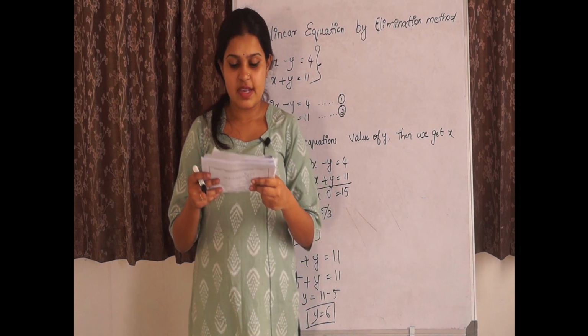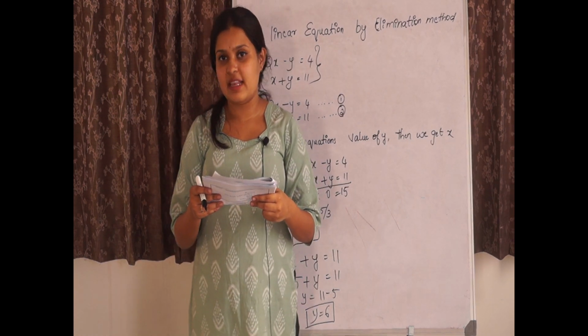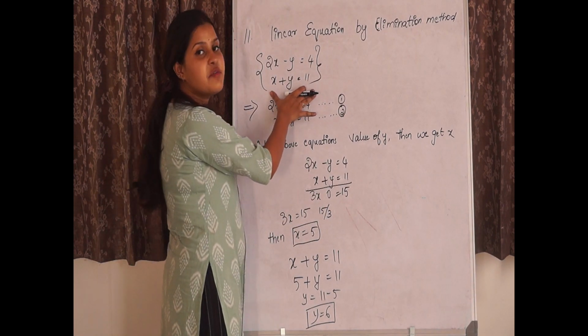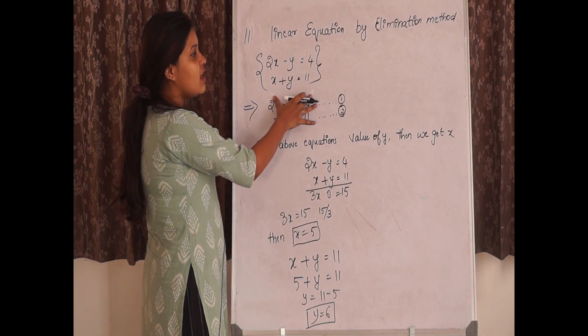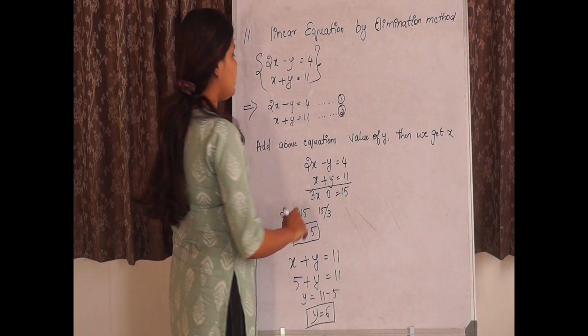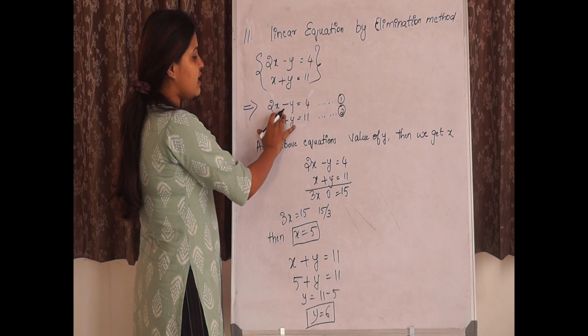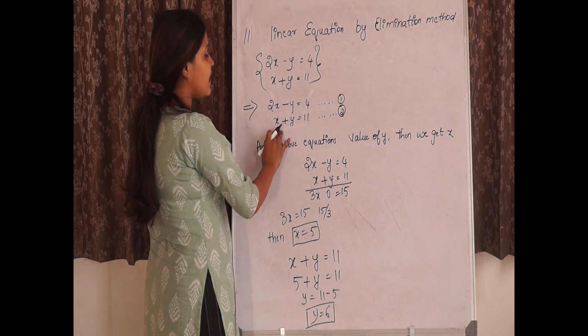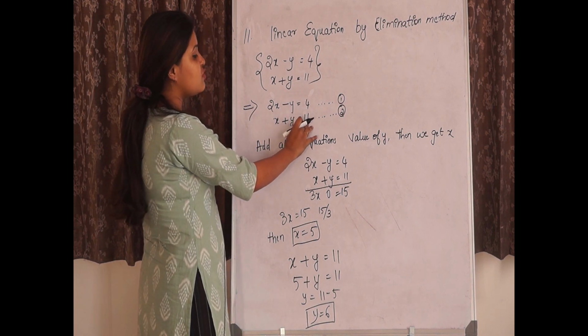Solve the pair of linear equations by the elimination method. So here we have two different equations. Now let's solve using the elimination method. The first equation is 2x minus y is equal to 4 and the second equation is x plus y is equal to 11.